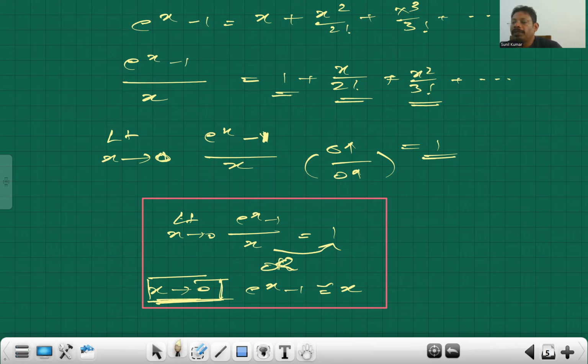Let me explain with one more series form. Series forms of different functions are available. For the sake of doing this limit, you should learn by heart the series form of sin x also.